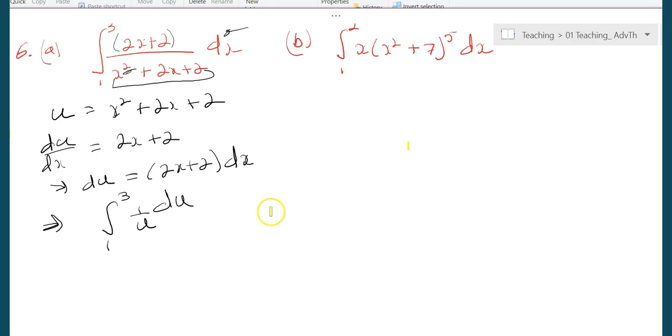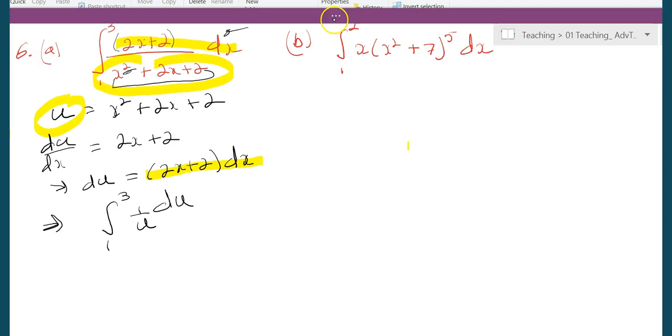I think this is what a lot of students struggle with: the recognition of the fact that this highlighted area is the same as the numerator, and we will let the denominator be substituted by u. So our problem just becomes the integral of 1/u du.